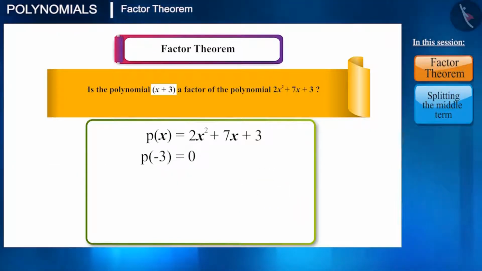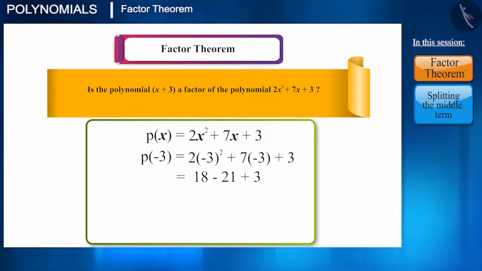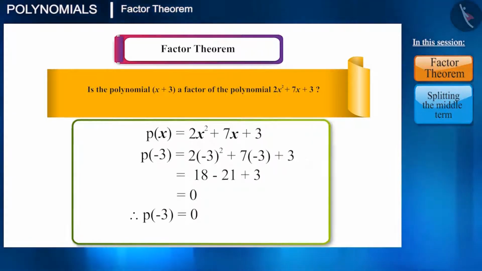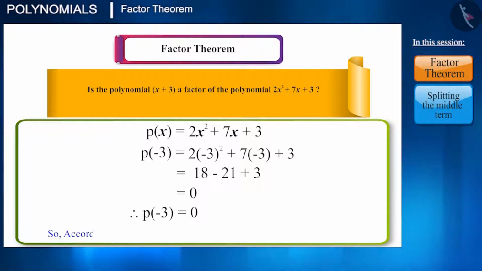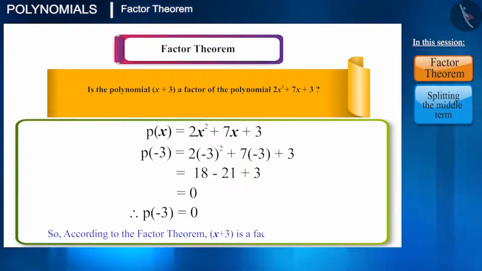That is, if we write the polynomial this way, we have to check whether p of minus 3 is 0 or not. So let's check it. Now we can say that, according to the factor theorem, x plus 3 is a factor of this polynomial.